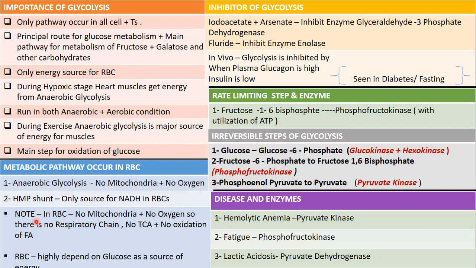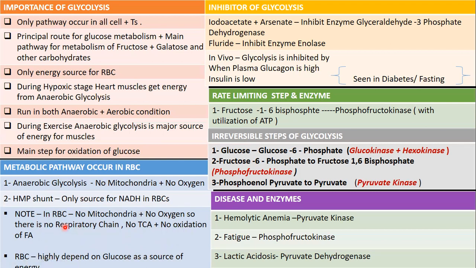Then the important point about the RBCs is that there is no respiratory chain, which means no ETC, electron transport chain. There is no citric acid cycle or TCA cycle, so there is no oxidation of fatty acids. Similarly, RBC is highly dependent on glucose as a source of its energy. So do not forget about this.